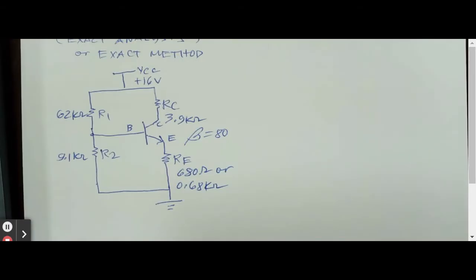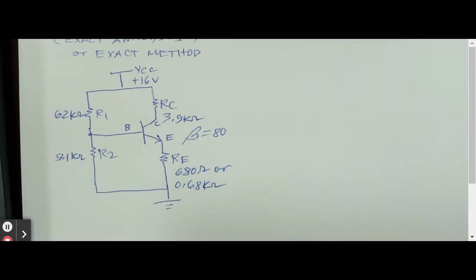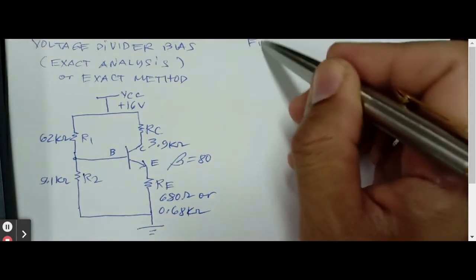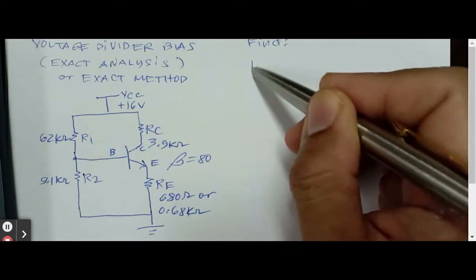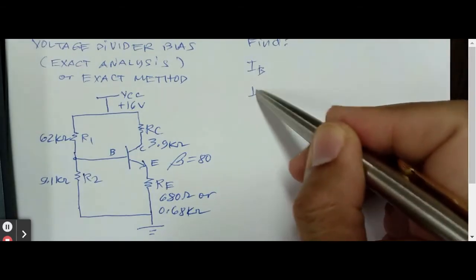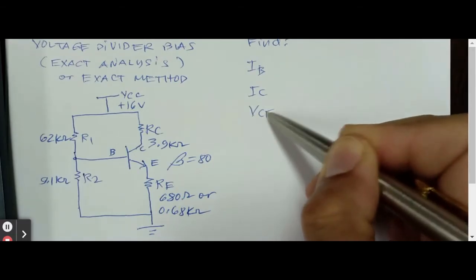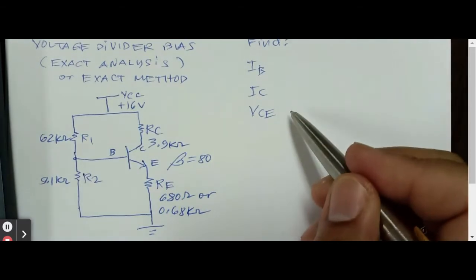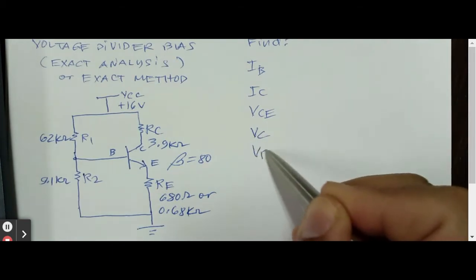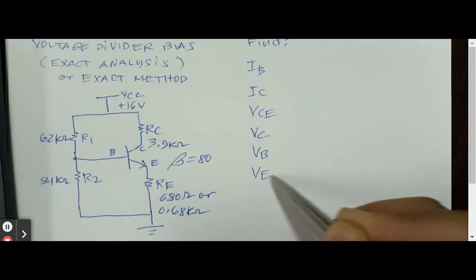Now what we will do is we will find the following values, just like what we have done before. We will find the values of IB, then IC, VCE, VB, VC, and VE.